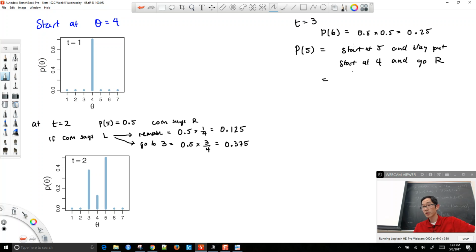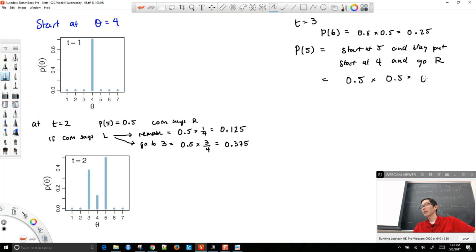So we start at 5 with probability 0.5, and we will stay put if the coin flips to the left, and we move with probability 4 out of 5, and we stay put with probability 1 out of 5.